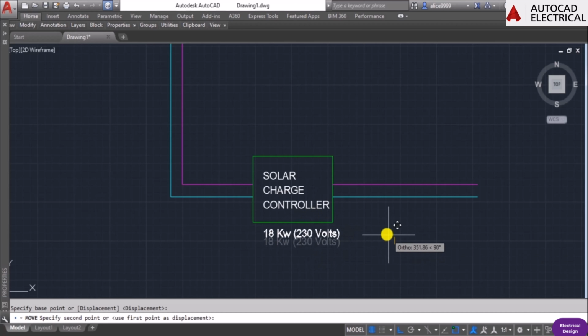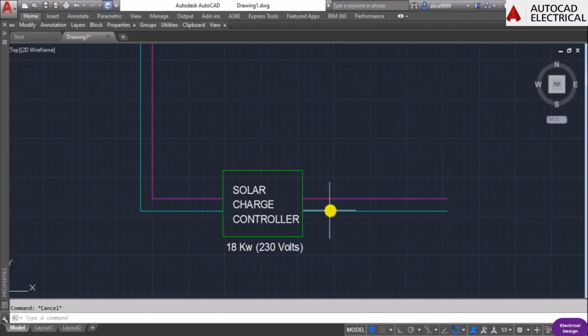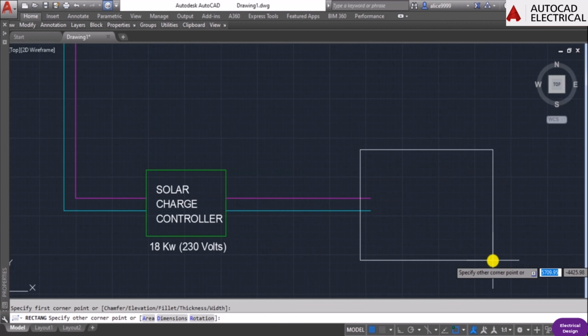This is the solar charge controller. The capacity of the solar charge controller is 18 kilowatts, 230 standard volts. From there, the cable is going to the inverter. So this is the inverter.